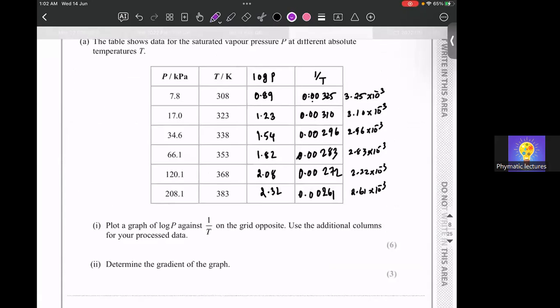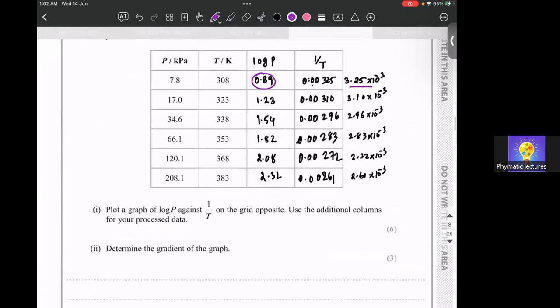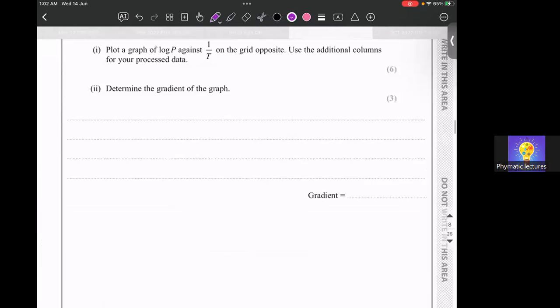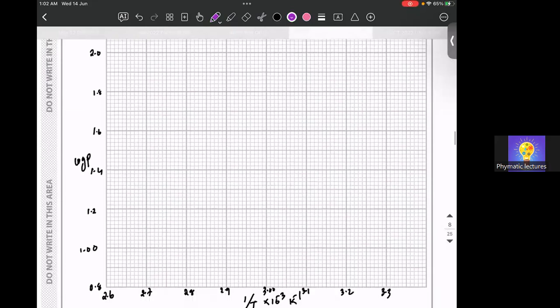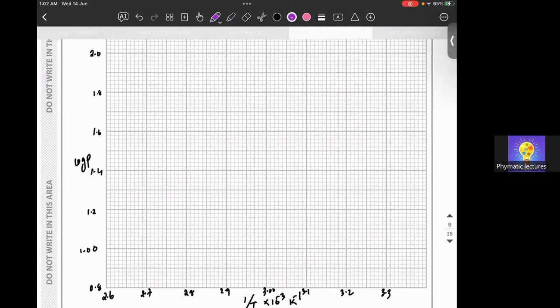When log P is 0.89, 1 over T is 3.25 times 10 to the power of minus 3. So you can mark the respective points here. 0.89 means 3.25.